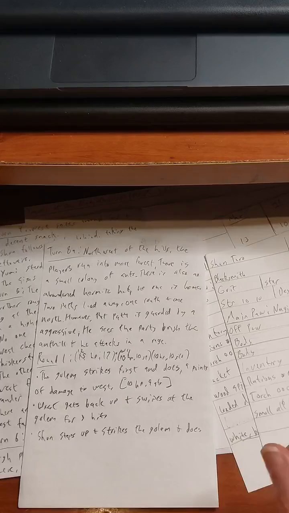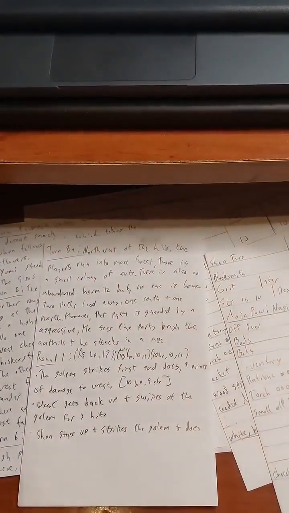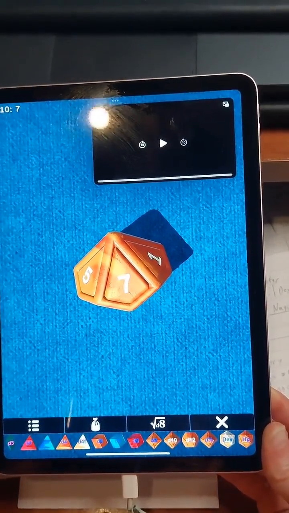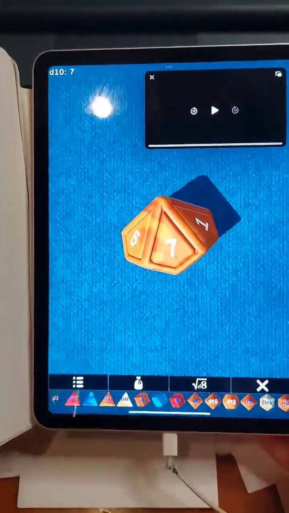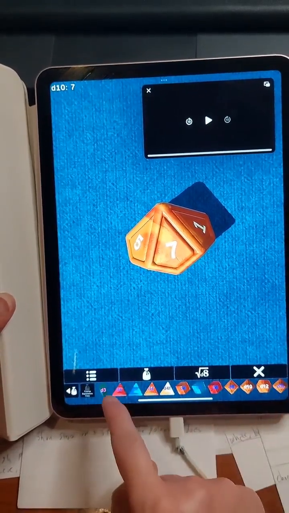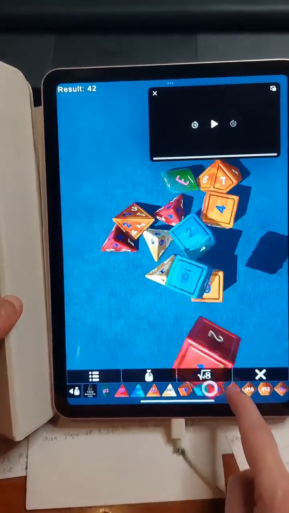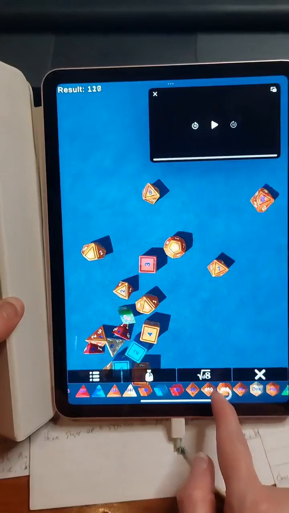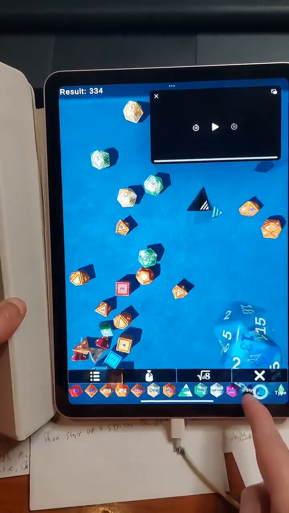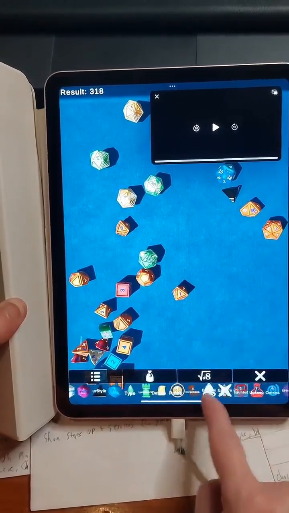And in case you're wondering why I'm not rolling my physical dice, it is because I'm rolling my digital dice. This is a little app that I like to use. It is called Sophie's Die, and it has all of the die that you could need in a free app on the App Store.